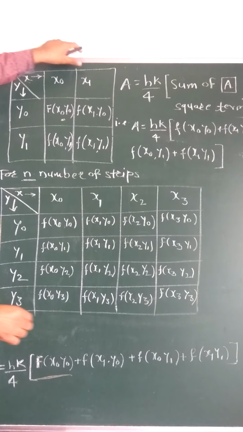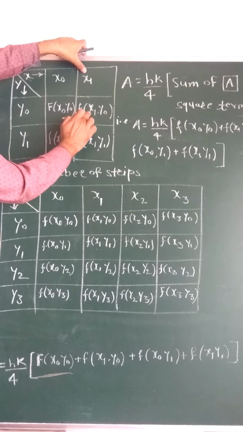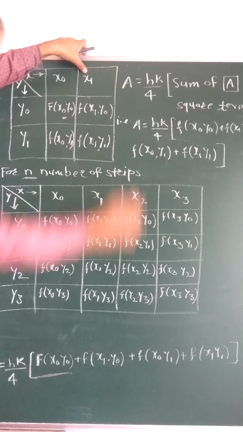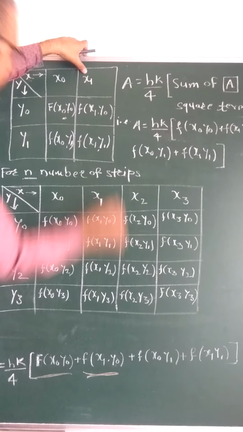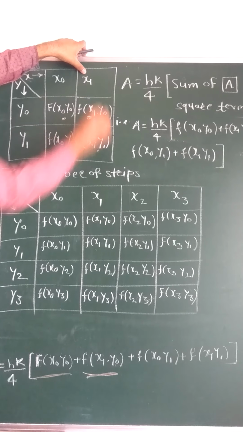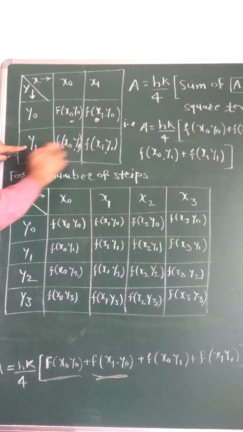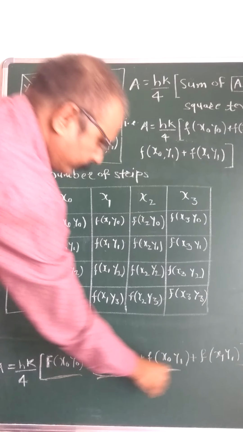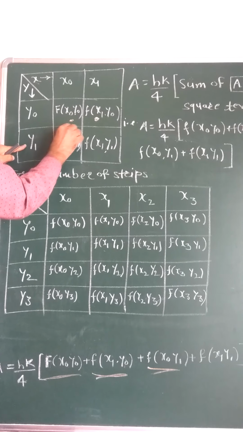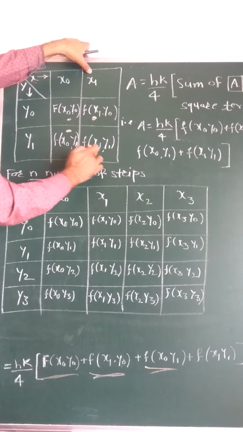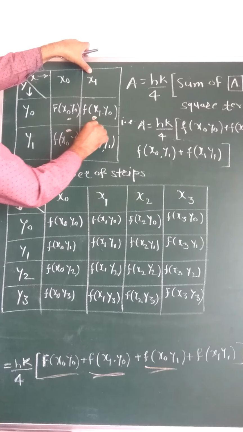Now second, f of x1 y0, that is this value. Now third one is f of x0 y1, this value. And the last one is f of x1 y1, that is this value.